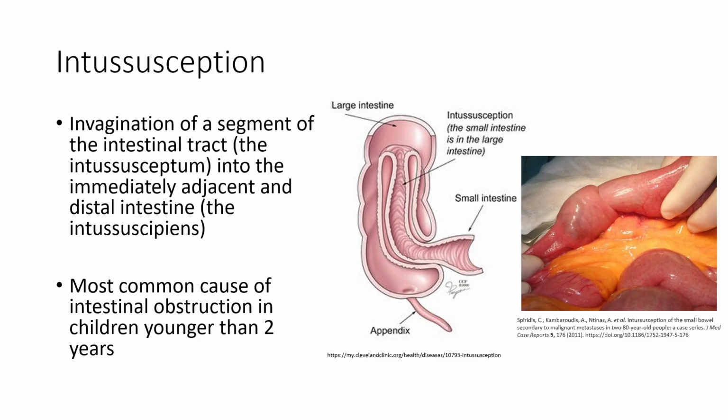Intussusception is another cause of intestinal obstruction. In fact, it is the most common cause of intestinal obstruction in children younger than 2 years of age. In intussusception, one segment of the intestine telescopes into the distal segment, and it commonly occurs at the ileocecal junction, causing intestinal obstruction.